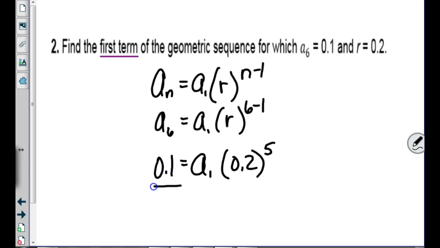I'm thinking I'm just going to type that in all at once so that I don't have crazy decimals to write down. So I have 0.1 divided by 0.2 to the 5th. That's what I got as well.